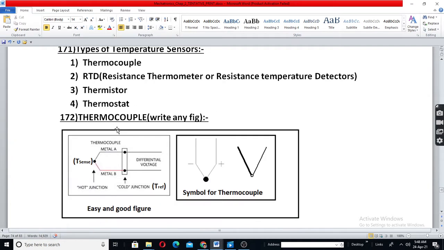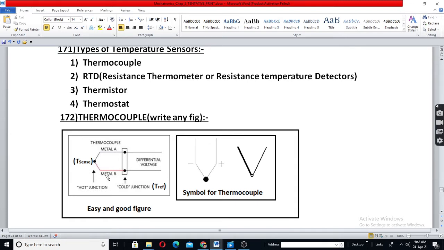You know these things. So thermocouple, mostly you have studied in measurements. So it is simple. You have two different types of metals joined to have a junction, and at the other end you will have a measurement device.